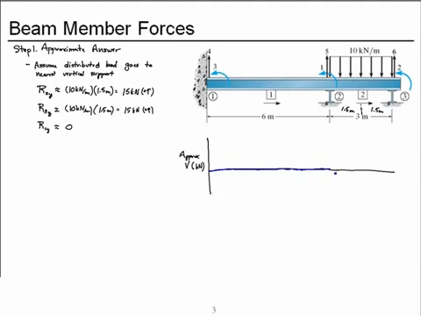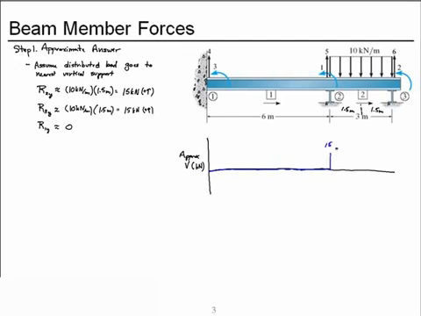And since the magnitude was 0, it stays 0. Then at reaction 2, it jumps up a magnitude of 15 kilonewtons.